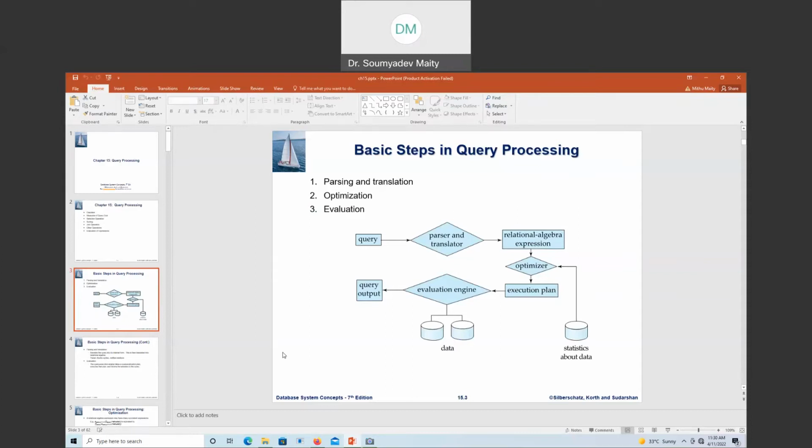That is called an execution plan, where we have decided the final relational algebra expression along with the algorithms to be used for each of the operations, which is called an evaluation plan. And then the evaluation plan is submitted to the evaluation engine, which takes the data from the tables and then applies the algorithms as decided in the execution plan and finally generates the output.